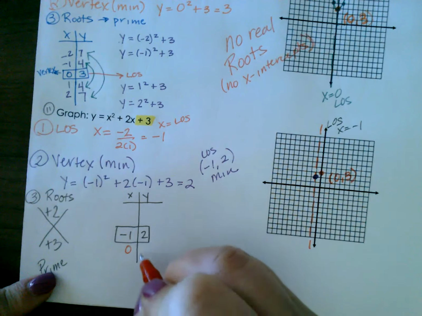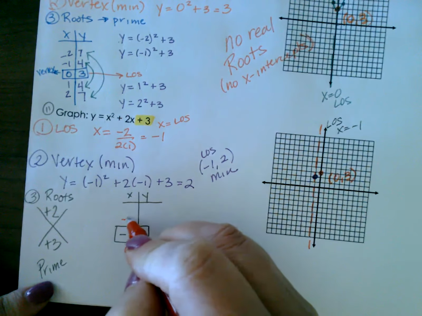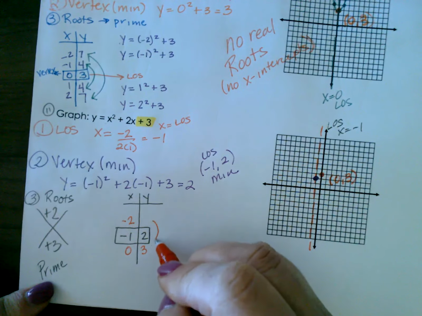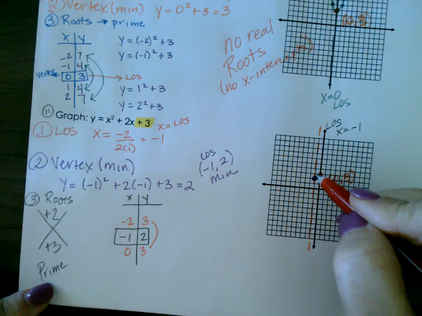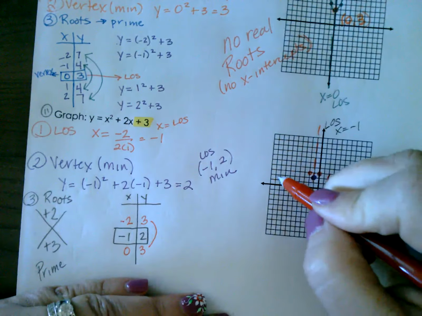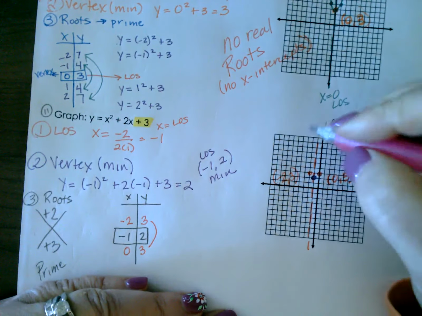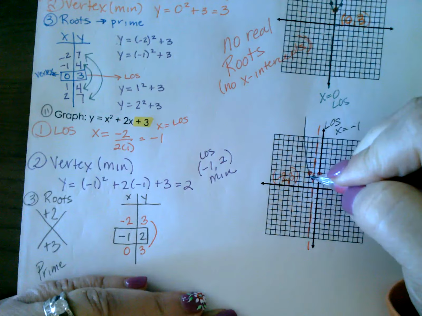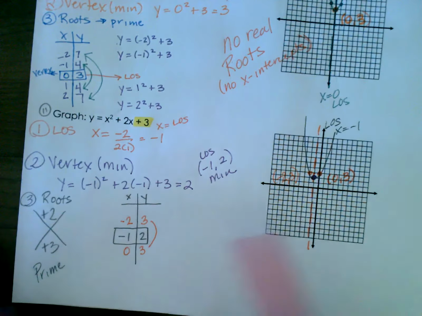If I put 0 here and 3 here, that means if I put -2, I would also get a 3. 1 to the right, 1 to the left. And that then would get me the point -2, 3. I wouldn't have to work on a table. Just using the equation and what I know, I can graph this.